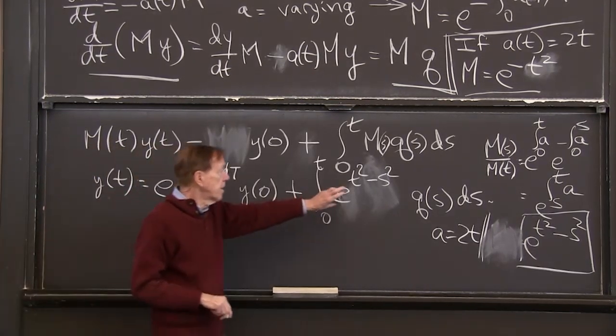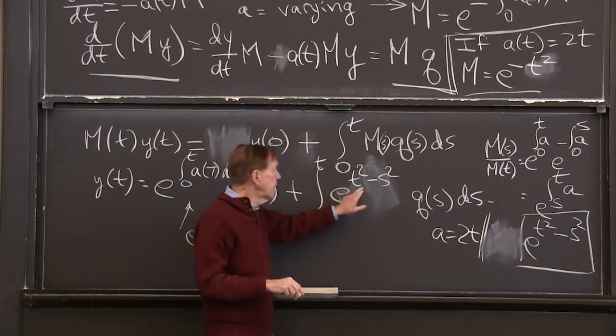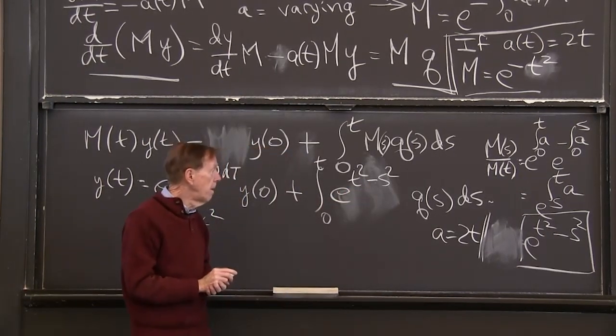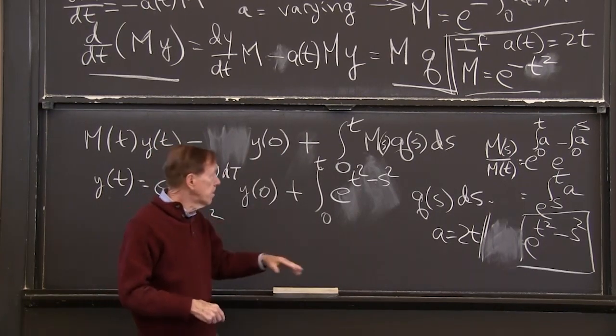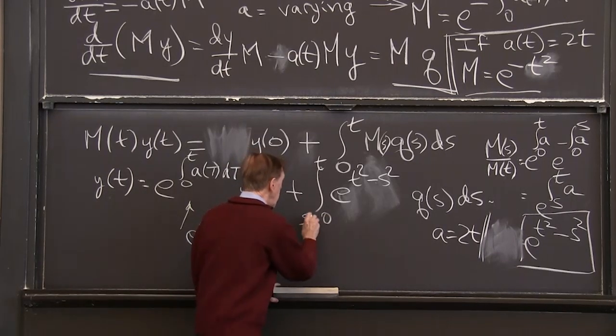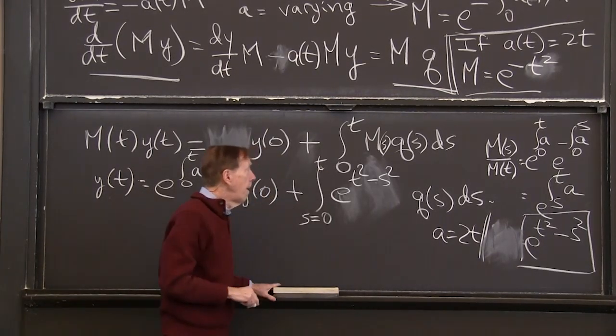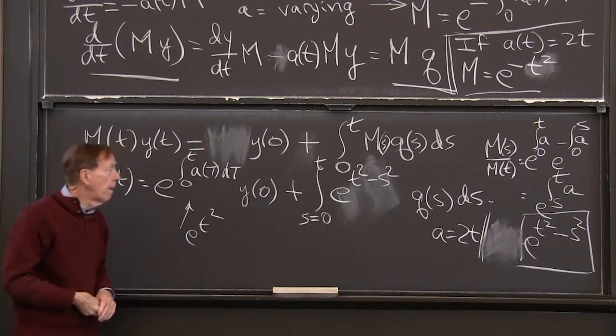The growth factor that multiplies the later deposit is e to the t squared minus s squared, and we allow deposits all the way from s equals 0 to t. So when we add those up, we get that sum.